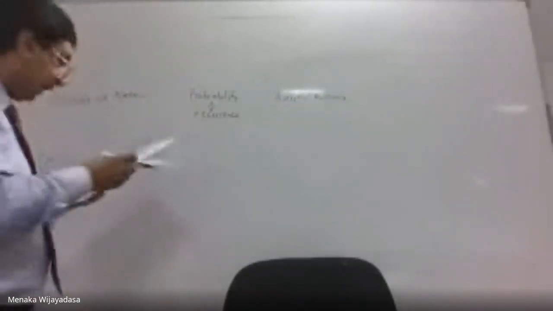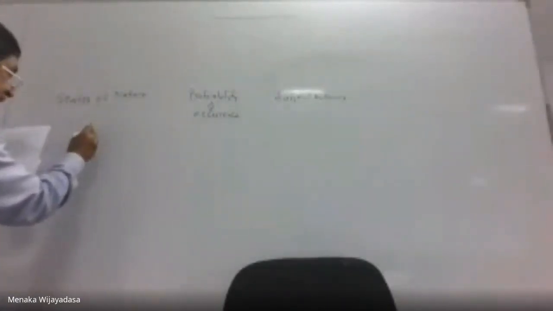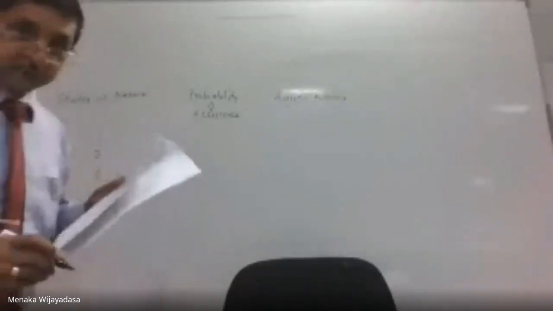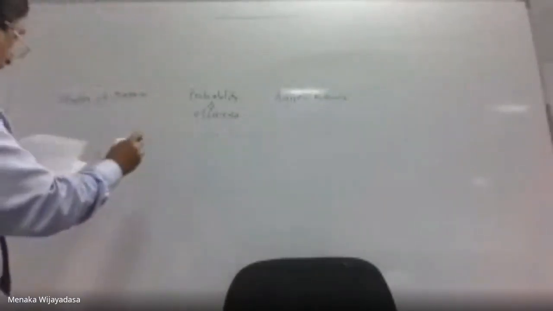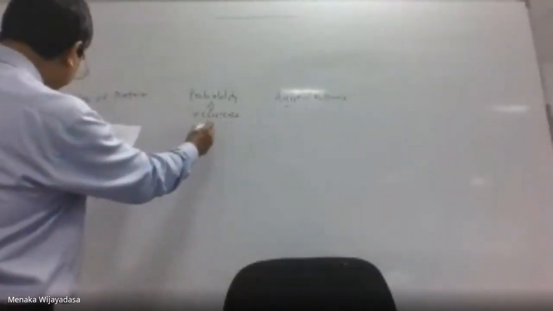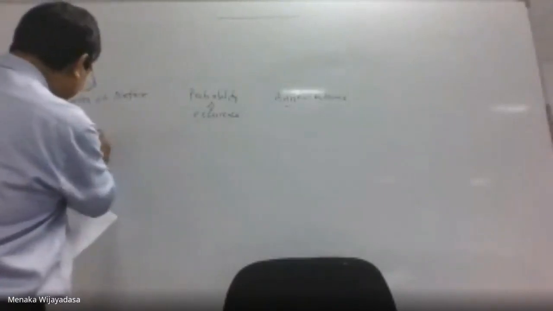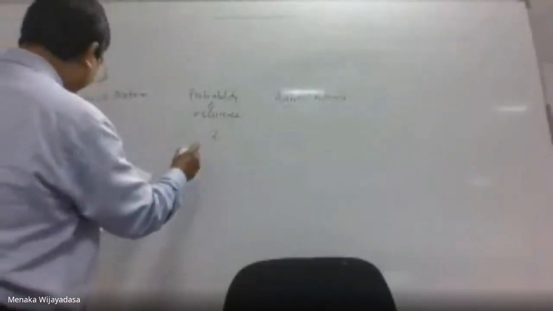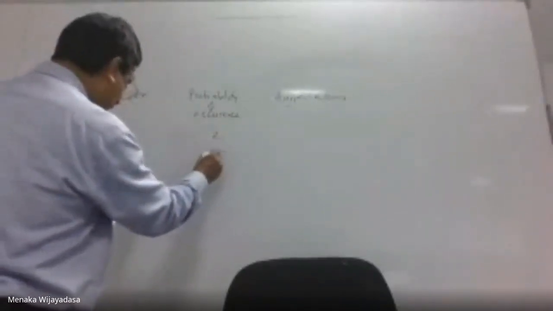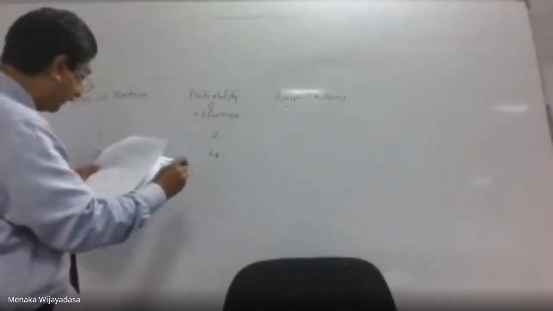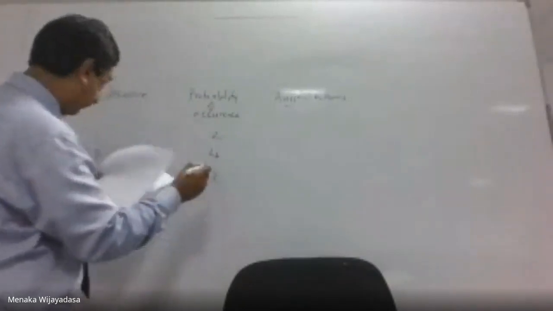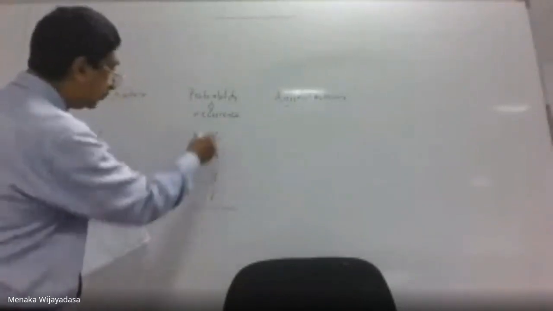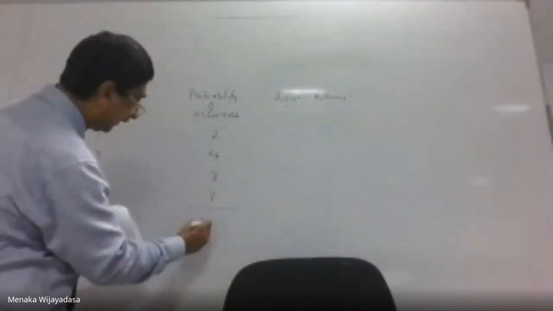Keep in mind that there are 4 states of nature, then probabilities of occurrence. For the first state of nature, it is 0.2. For the second state of nature, it is 0.4. For the third, it is 0.3. For the fourth, it is 0.1. And when you add it up, you get 1.